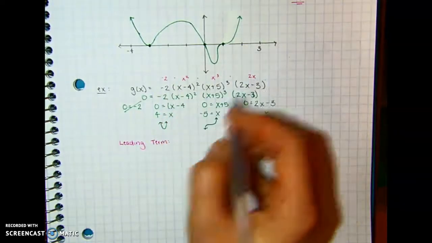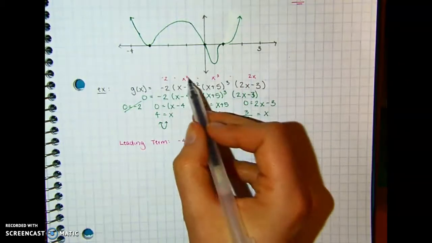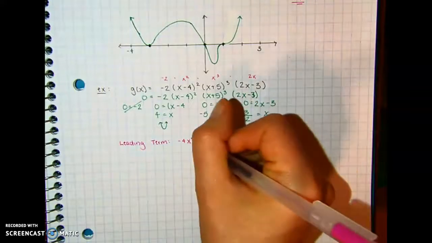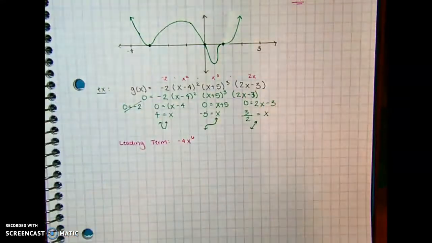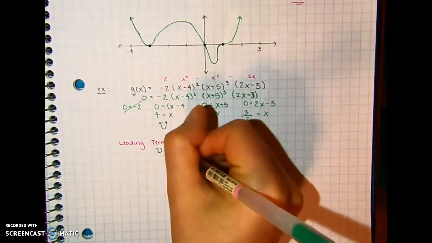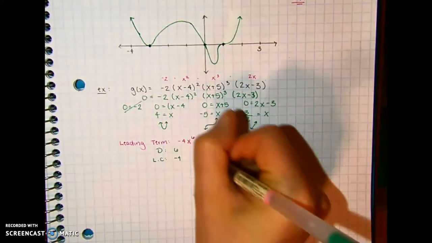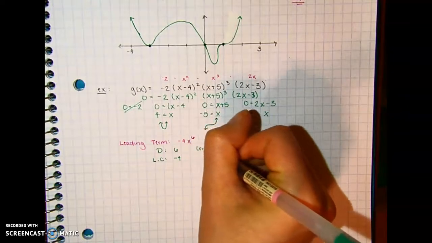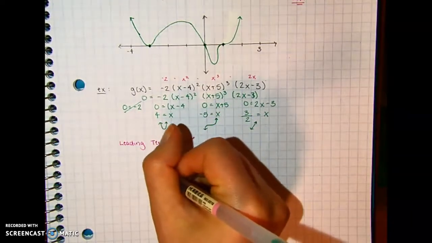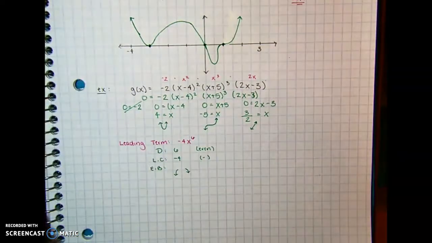So it'd be negative 2 times 2, so it'd be negative 4, and then x to the 6th again. So then the degree is 6. The leading coefficient is negative 4. So because that's even and negative, that means my end behavior will be down, down. And now I just need a graph.